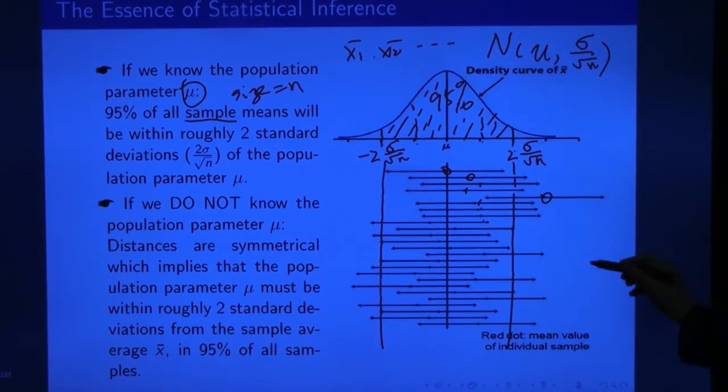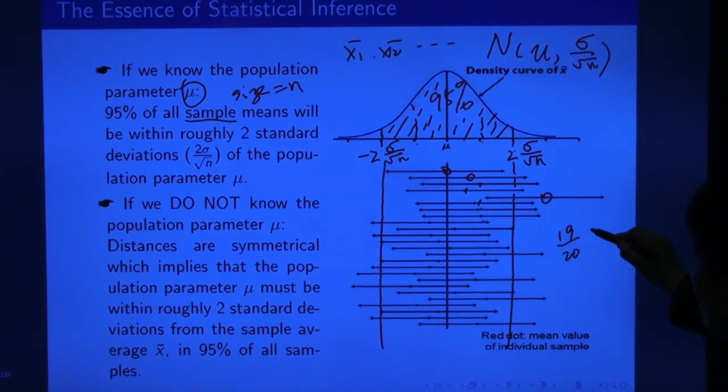So 19 divided by 20 equals 95%. This one is the only one, which is 5%. So this is for illustration purposes only.